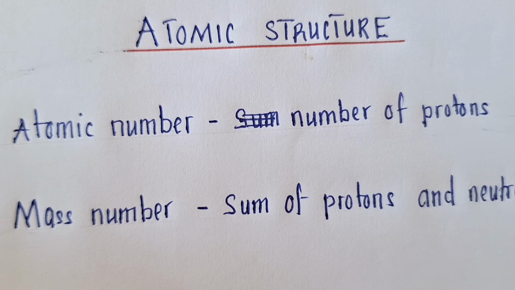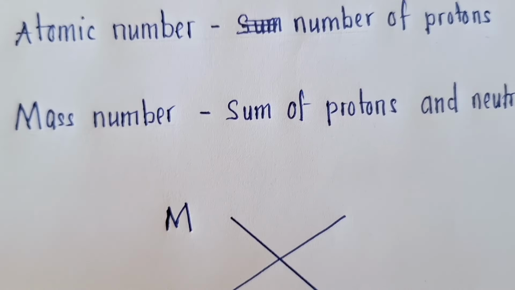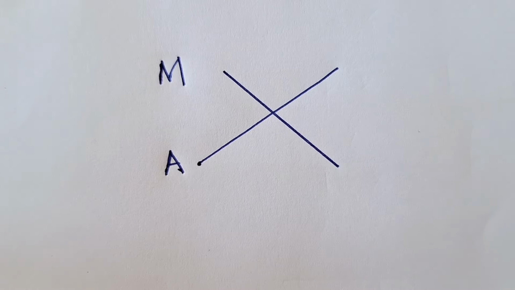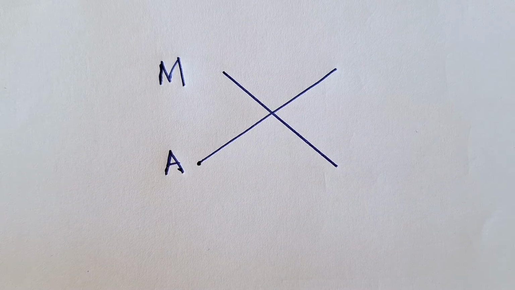Now the next question is, where are these two positioned? Look at this. We've got an element. Let's consider this as element X. The number on top here will be called mass number.